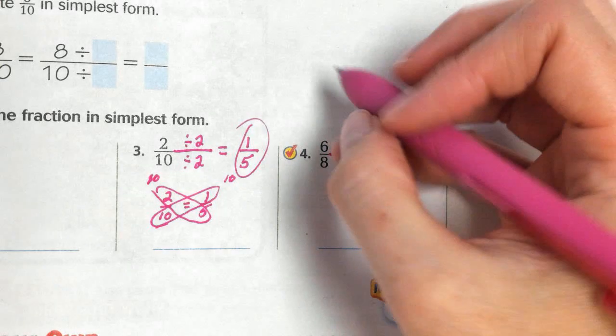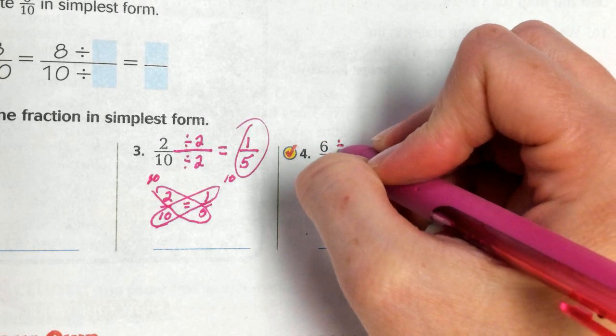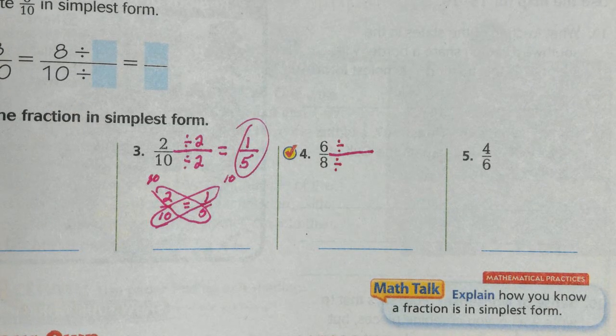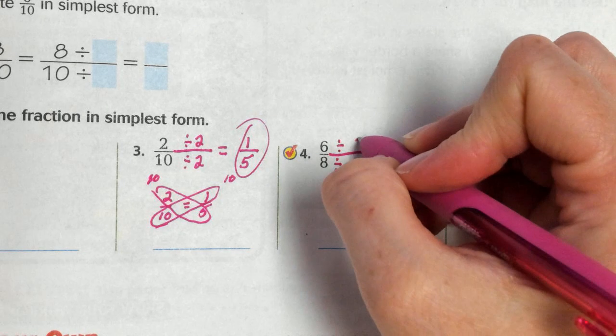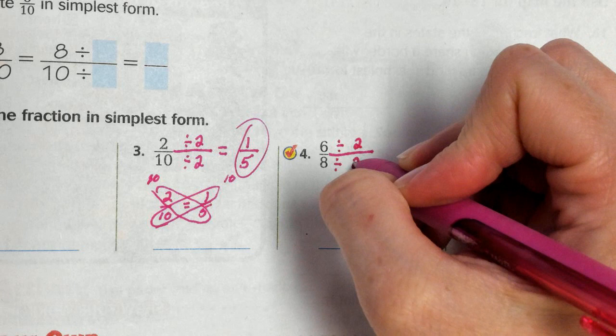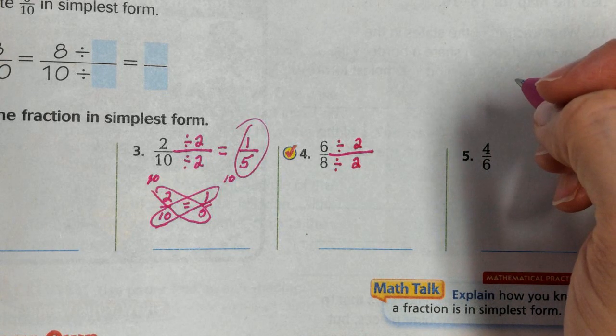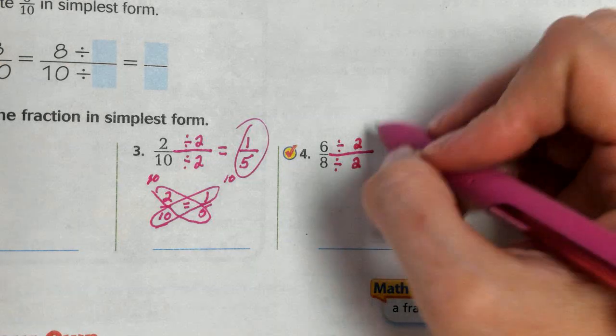Okay, I'm going to divide the numerator and the denominator by the same number. Jaden, which number should I divide the numerator and the denominator by? It's a good start. So let's do 2. 2 is a really good one, especially if you've got 2 even numbers. Even if it's not the final thing you divide it by, you can always go by 2s.